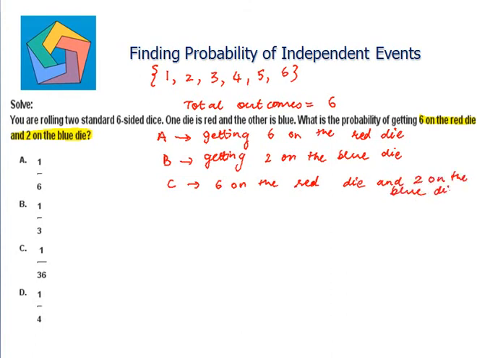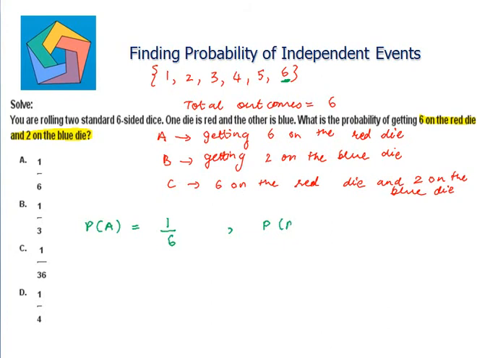So we can say here probability of event A. I need to get 6 on the red die. I can get 6 only one time in the sample space. So favorable outcome becomes 1 and total outcomes are 6. So probability of event A becomes 1 by 6. Probability of event B, getting 2 on the blue die.